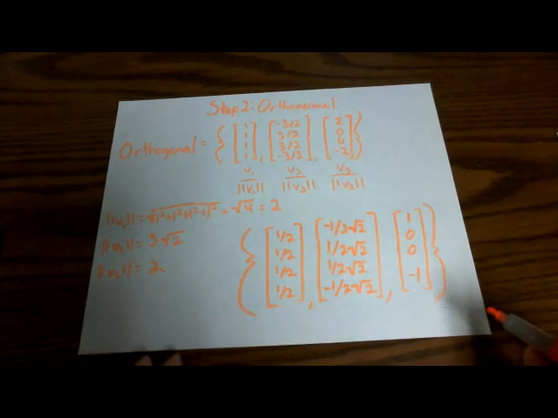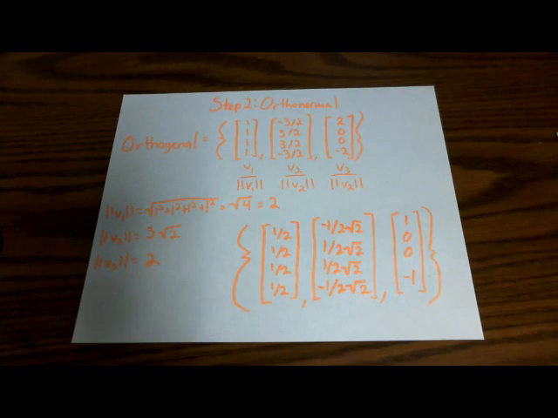And now that we have the orthonormal basis, we can move on to the final step, finding the actual Q and R.